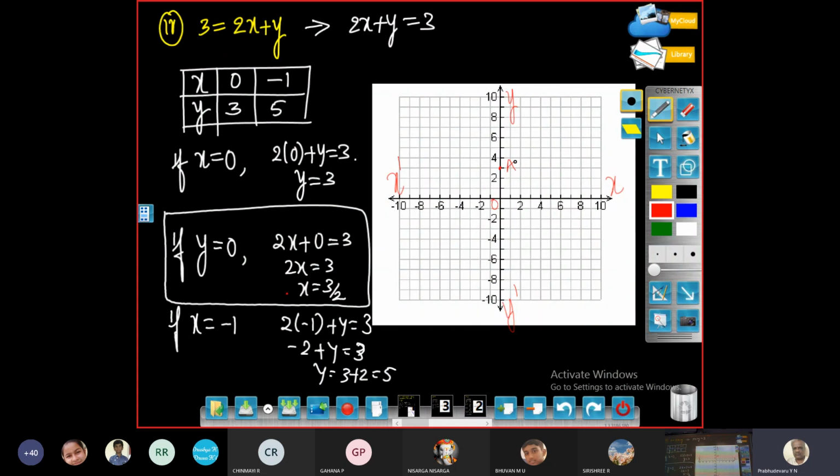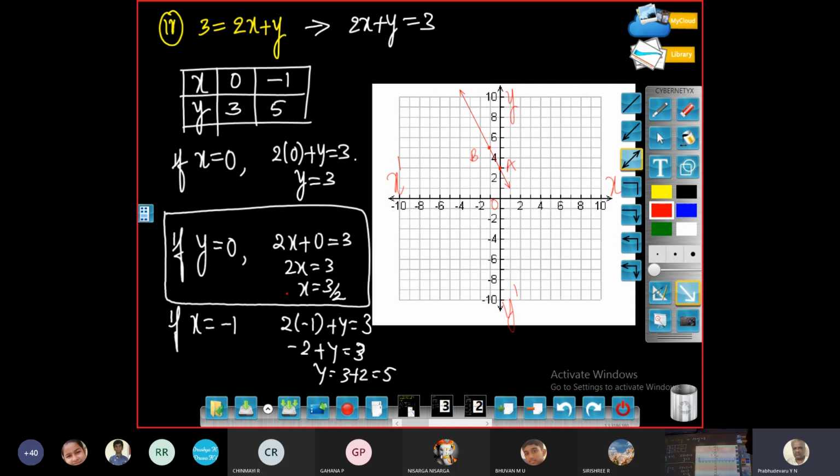Point B is minus 1, 5. Minus 1 is left hand side of the 0. Then 5 upward only. 1, 2, 3, 4, 5. This is the point B. So 2 points are enough. Draw the line passing through these two. So this is the line passing through them.